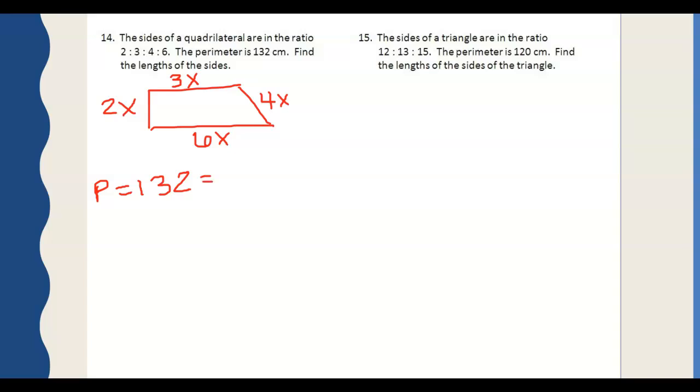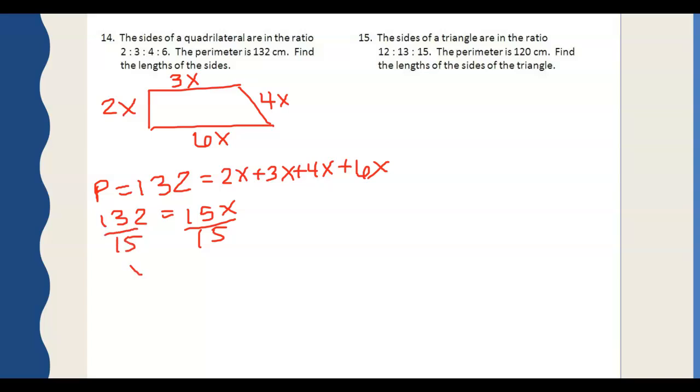So the perimeter is really 2x plus 3x plus 4x plus 6x. So 2 plus 3 is 5, 4 plus 6 is 10, 10 plus 5 is 15x. So you get 132 divided by 15, which gives x equals 8.8.